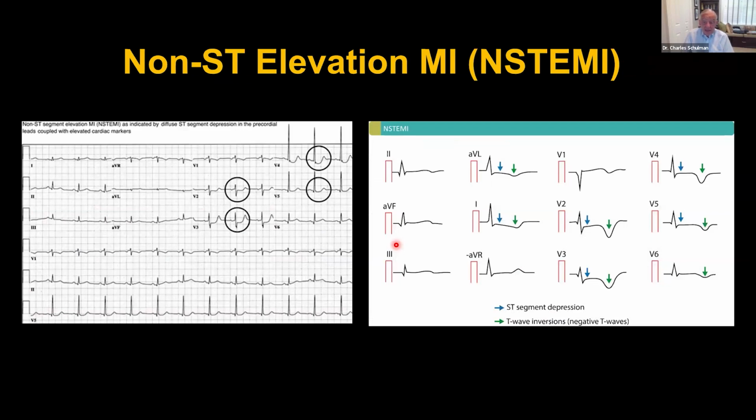Now, some myocardial infarctions are what's called non-ST elevation MI, and they're associated with ST depressions, as noted here, sometimes with T-wave inversion.